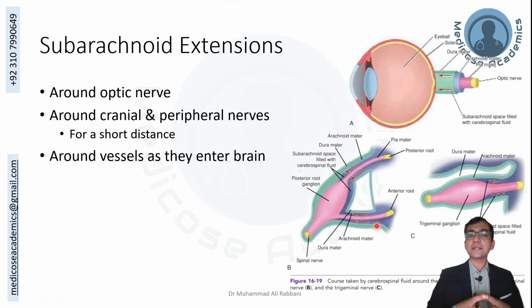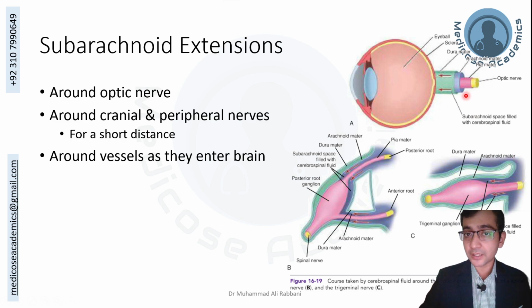The subarachnoid space extends around the brain and around the spinal cord, all the way down to S2. It extends around only one cranial nerve to its full extent, the second cranial nerve. Technically, the second cranial nerve is not a true cranial nerve, it's an extension of the diencephalon, so the space extends all the way to the eyeball.